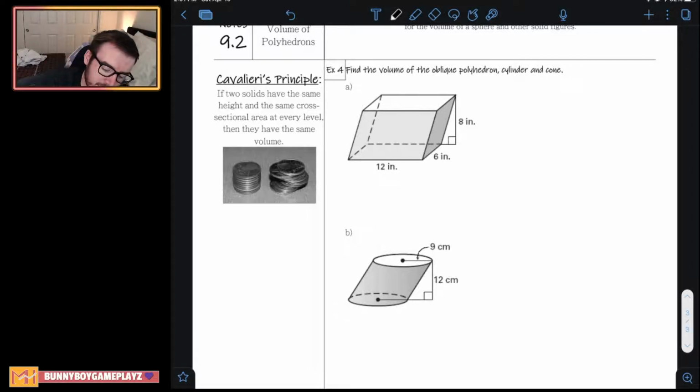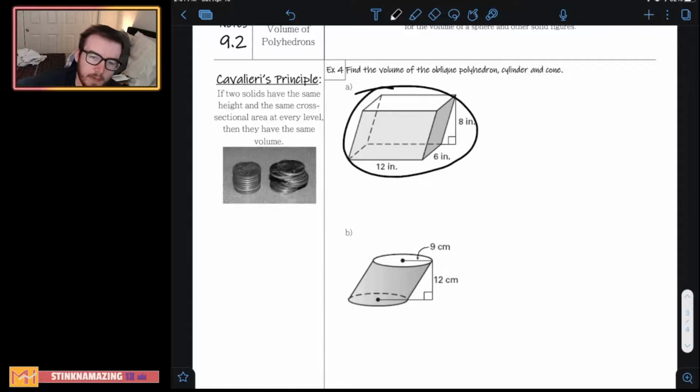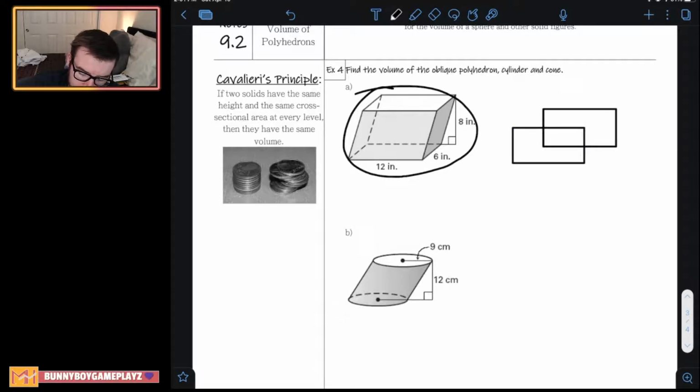Okay, what does that mean? Well, that means that this parallelogram-ish looking thing has the same volume as this perfect rectangular prism with the same dimensions.